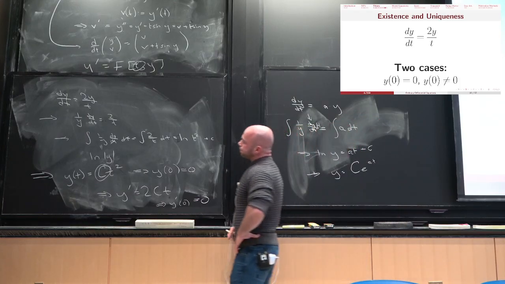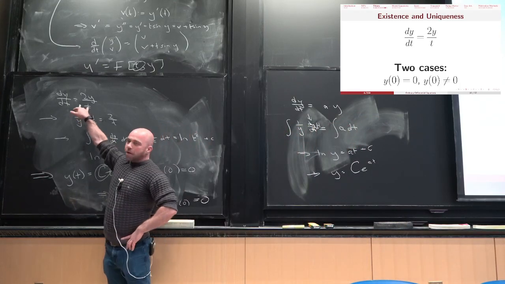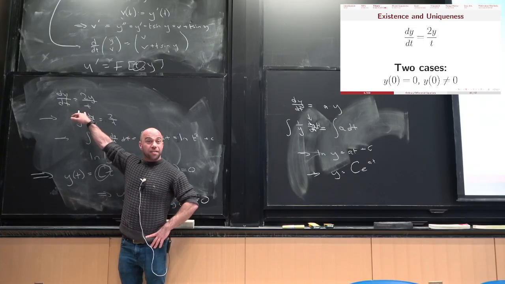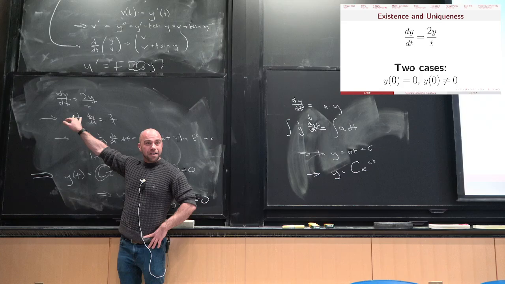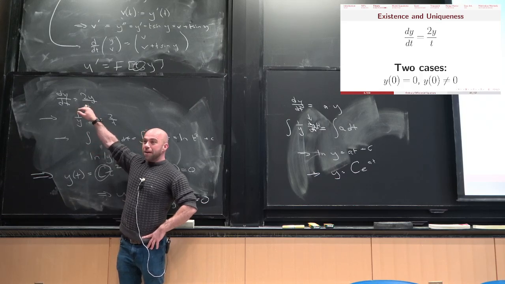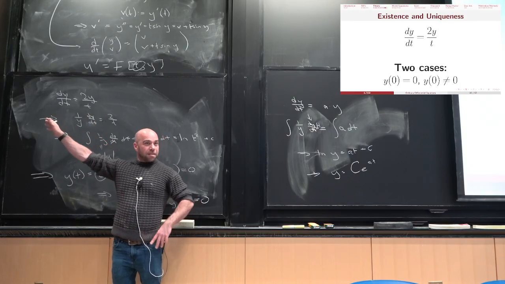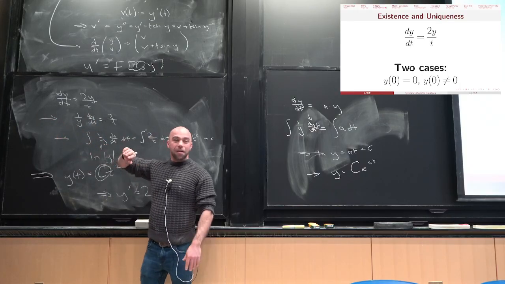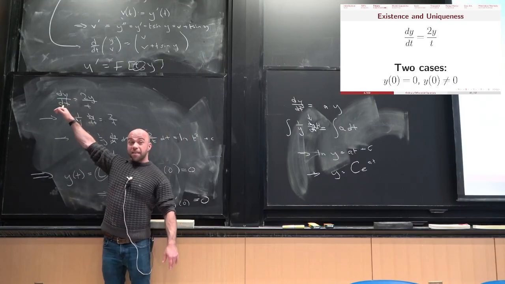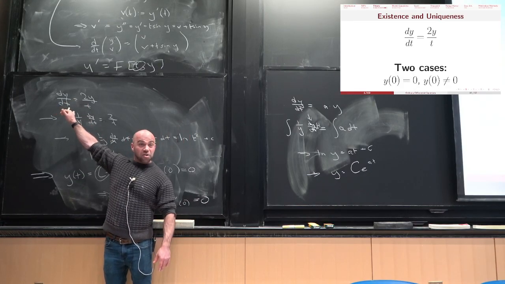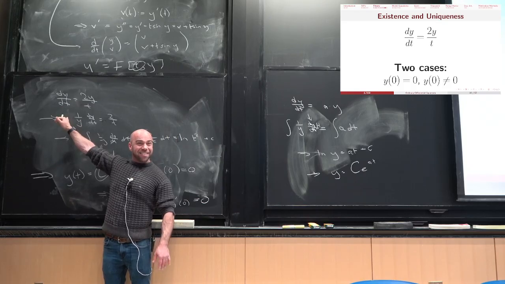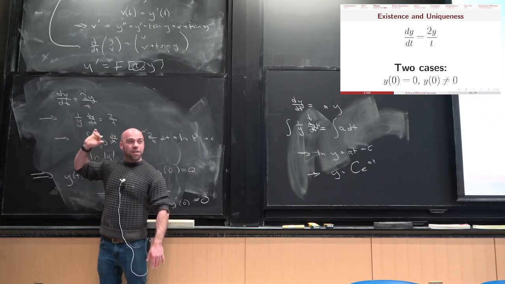What happens in differential equation theory is we specify the initial conditions, what happens at t equals 0, and we use this expression to fill in what happens for t bigger than 0. There's a slight mathematical technicality here, which is that this expression does not need to be defined at t equals 0, because I already know what y is at t equals 0. I only need it for all t that are strictly positive.